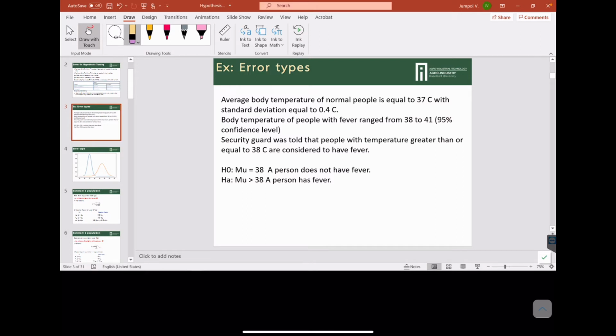And the security guard was told that people with temperature greater than or equal to 38 Celsius are considered to have fever. So the null hypothesis is mu equals to 38. Oops, no, not 38, 37.